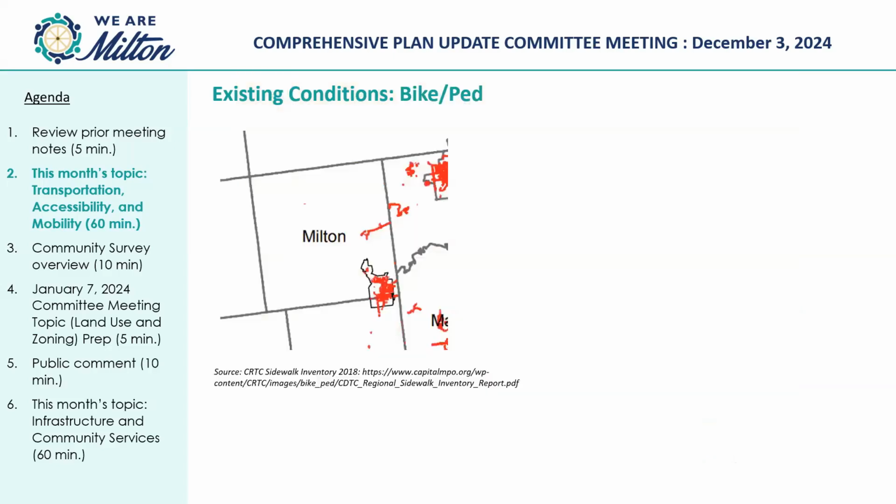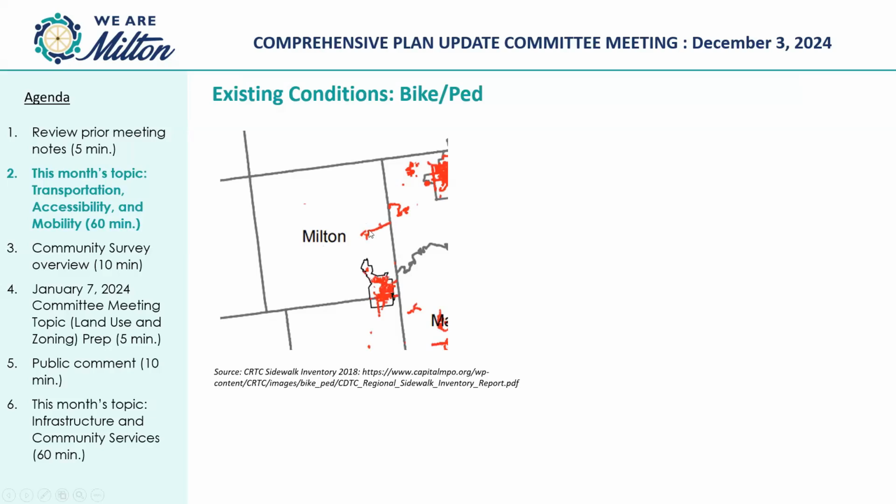So the next existing conditions is bike and ped, and what we're talking about here is separate bicycle and pedestrian facilities. This is just a little screen grab from the CRTC sidewalk inventory that I think was 2018, and there are some extensions of the sidewalks going north and south that aren't captured here.